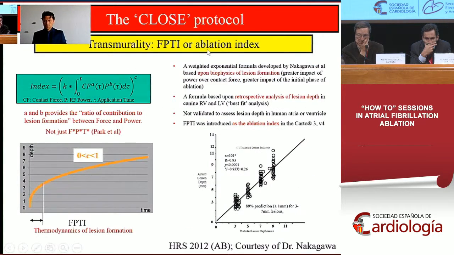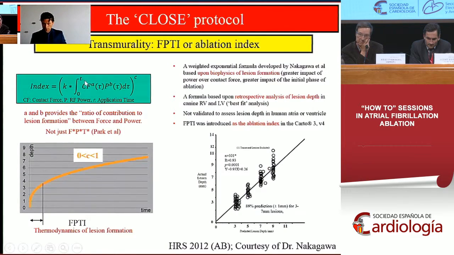How do we assess transmurality? It's Hiroshi Nakagawa that presented in animal work the predictive value of force power time index or ablation index. And the index is a formula taking into account contact force, power, and time.